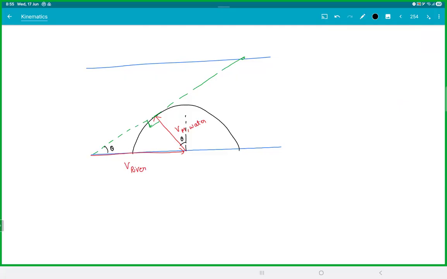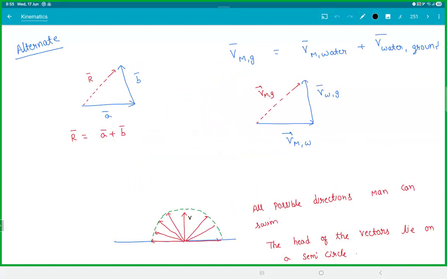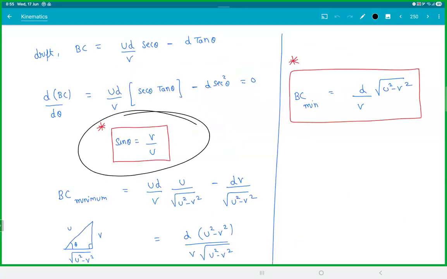Then this will be theta, and this will be 90 minus theta. We can clearly see sine theta will be the velocity of the man with respect to water divided by the velocity of the river. The velocity of the man with respect to water is v and the river is u. Sine theta is v by u, which we got without any integration or differentiation.